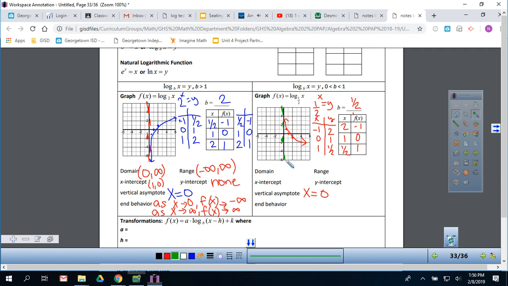So unless we have a horizontal movement, it's always going to be at 0, or like a big horizontal stretch. Alright, so what's our domain for this? What's our furthest point left that we can go? 0. And our furthest point right? Infinity, good. What about range? Are there any vertical limits up or down? No.